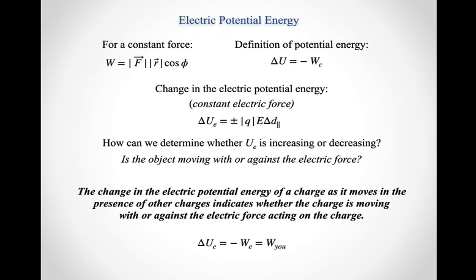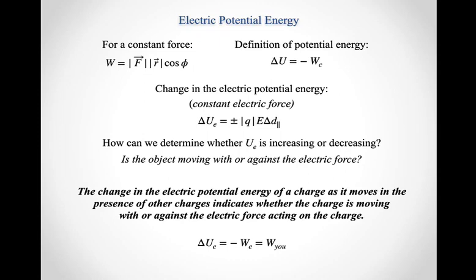which is true for any conservative force, if we want to think about that just in terms of the electric force, it tells us that the change in the electric potential energy is equal to negative the work done by the electric force. And so if you think back a second ago to when those 2 positively charged particles moved away from each other, well, that's what they wanted to do. If you just let those 2 particles go, they're trying to repel each other, so they would have naturally separated.